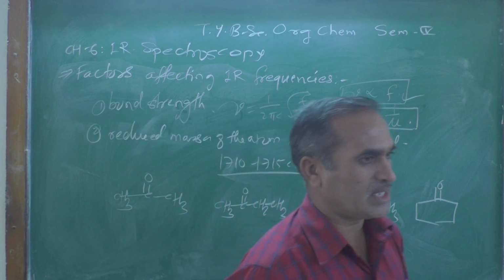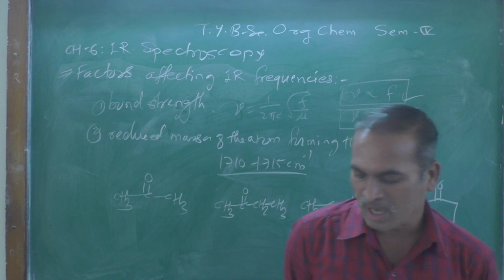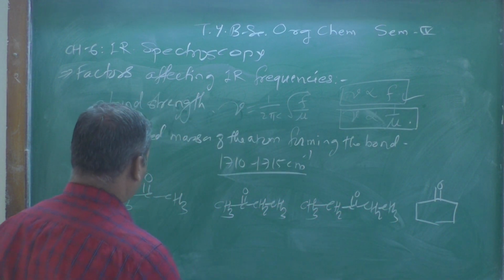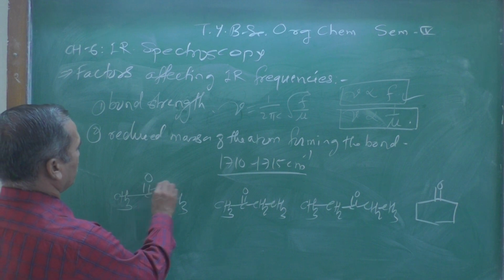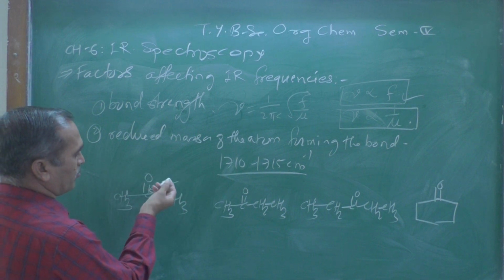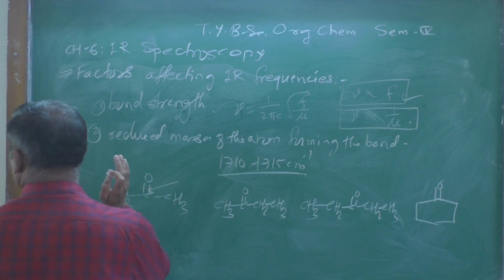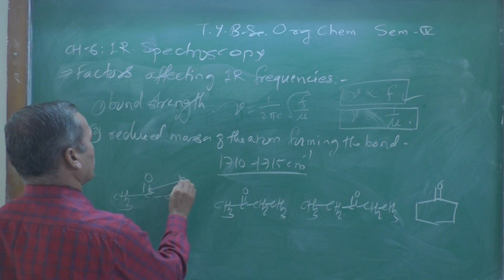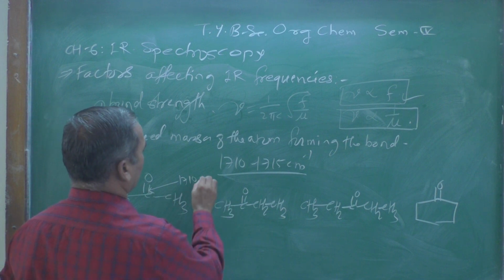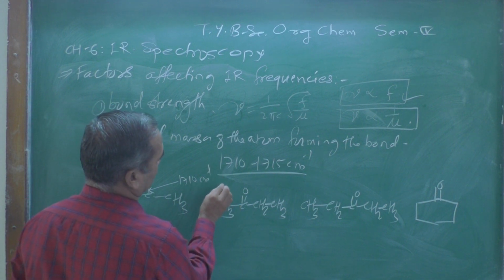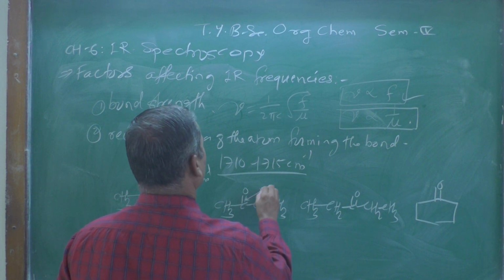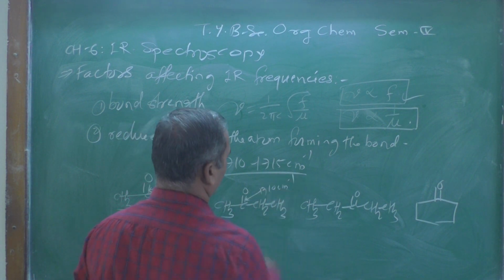Saturated means there are only carbon-carbon single bonds present. The IR frequency appears around 1710 per centimeter, and in this case also 1710 per centimeter.